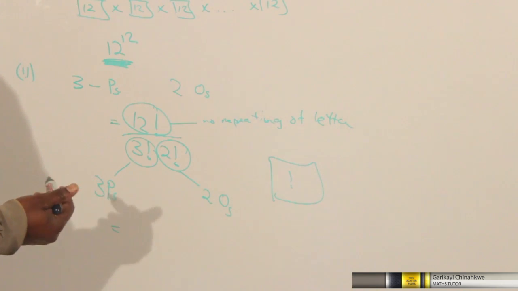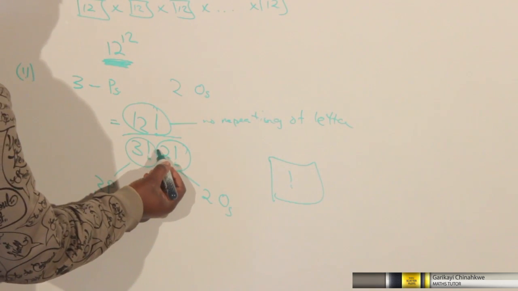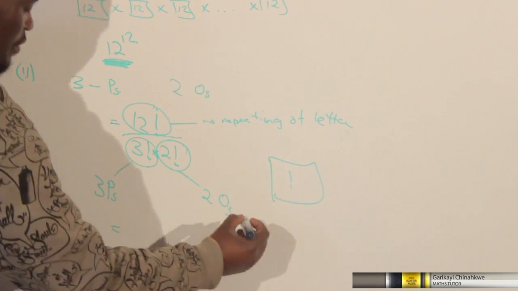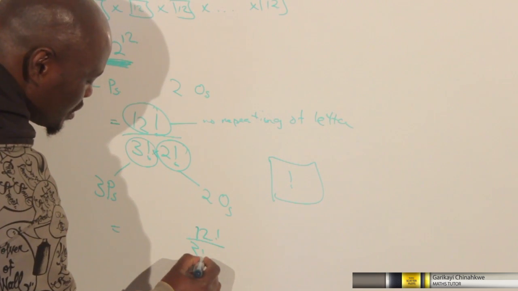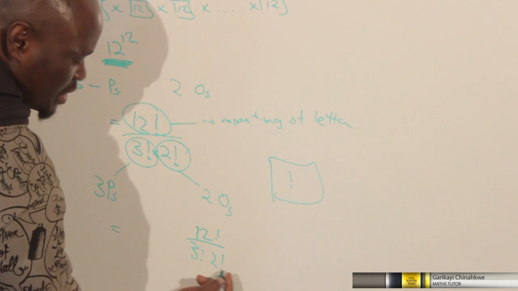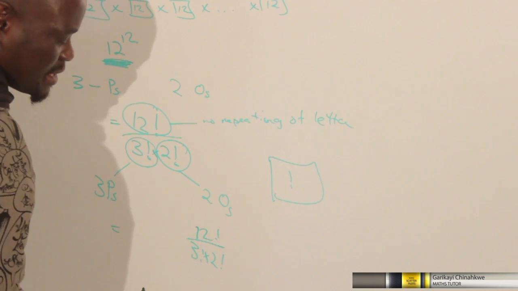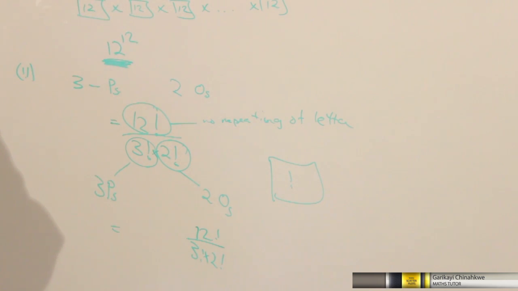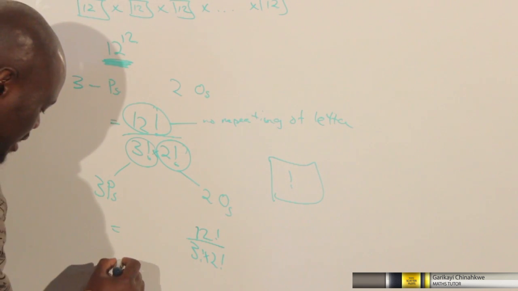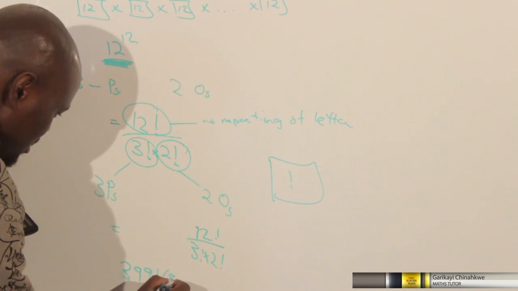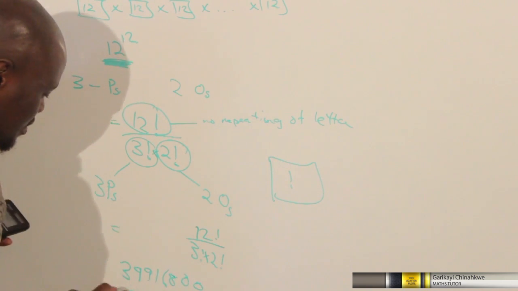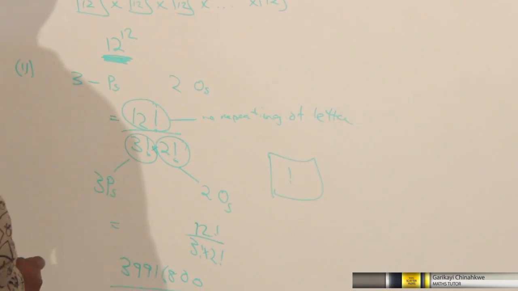You must be careful here. It is 3 factorial multiplied by 2 factorial, because if you punch into your calculator 3 factorial 2 factorial without the multiplication sign, it is going to give you an error. So your answer should be 39916800. That's the answer.